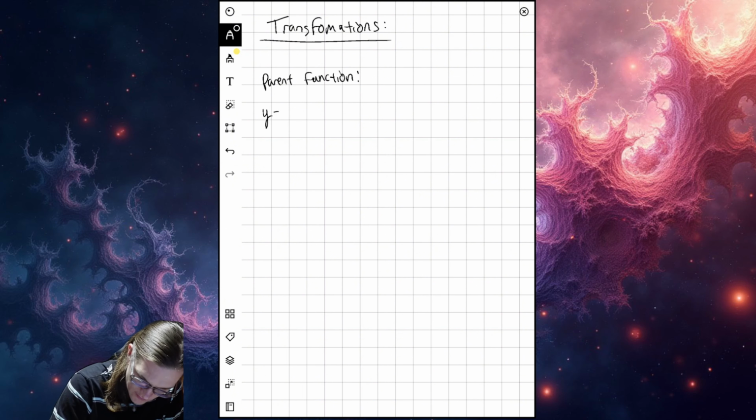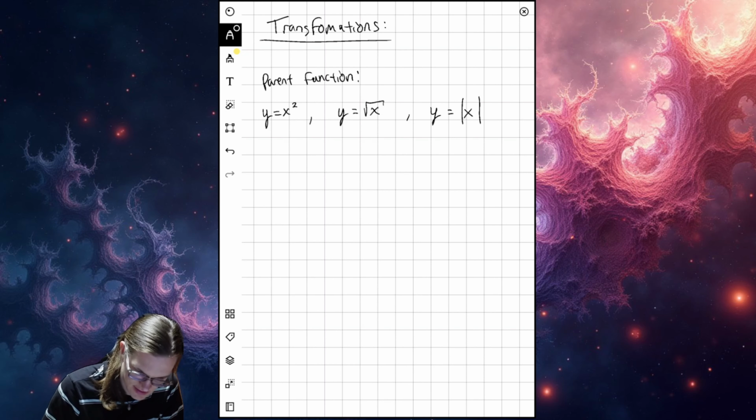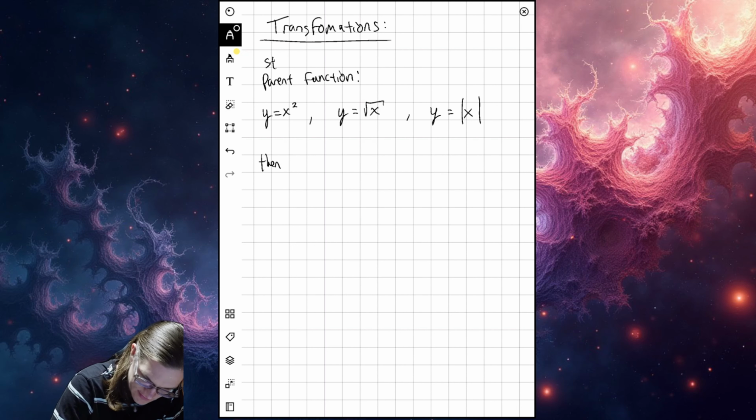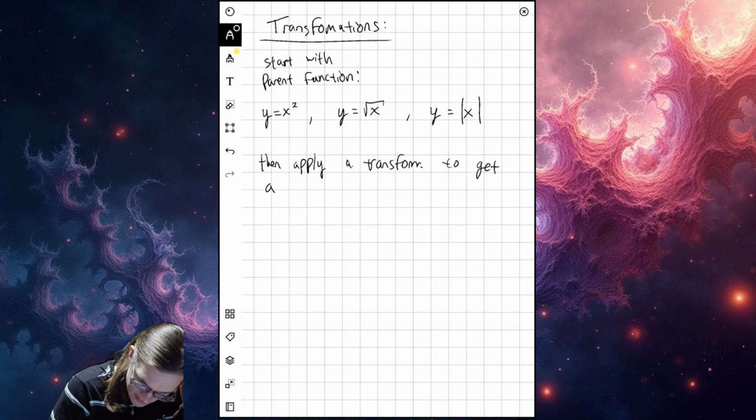So if we have y equals x squared, or y equals the square root of x, or y equals absolute value of x, okay? Then start with a parent function, then apply a transformation to get a new related graph.